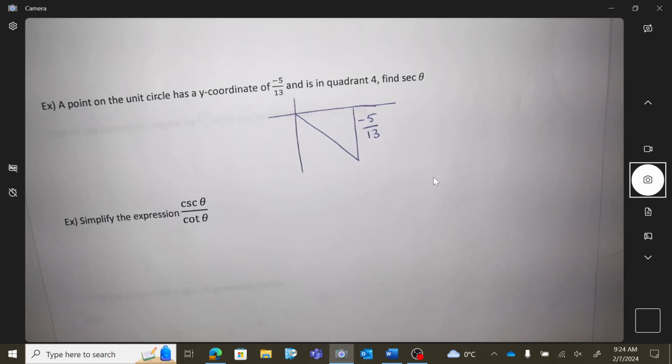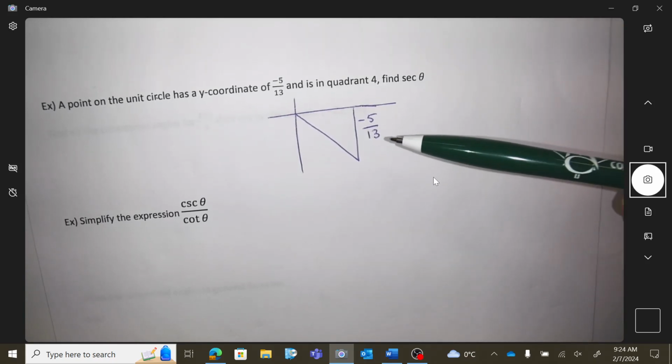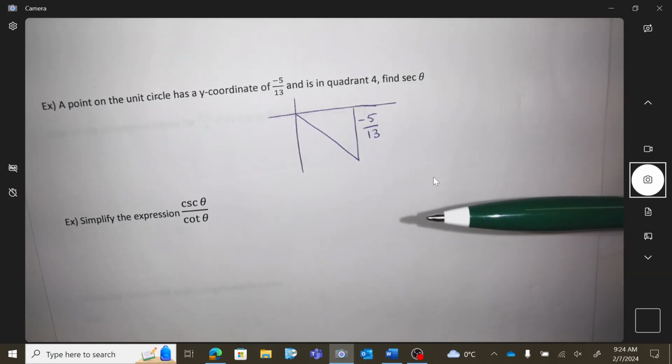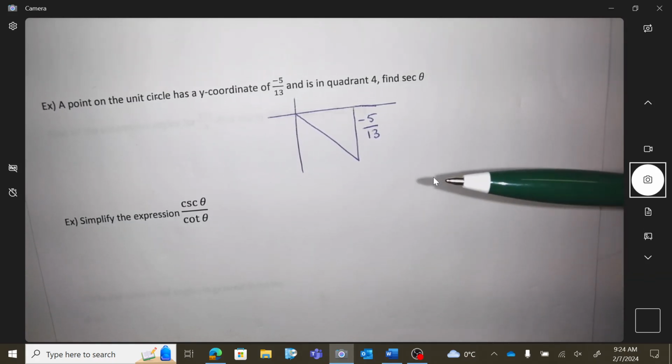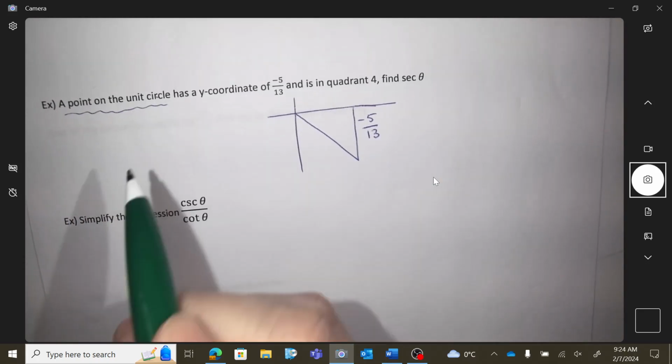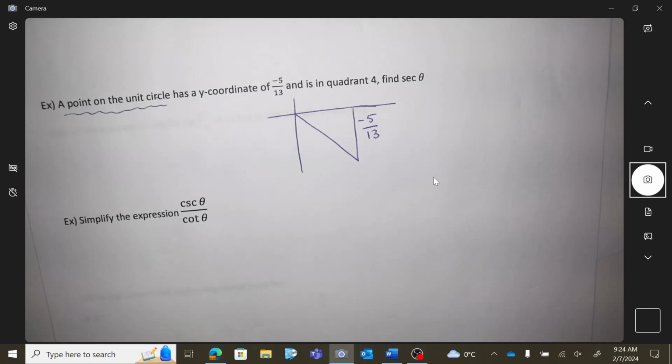So this doesn't make sense on a triangle. You can't really do anything with just one side. You always need 2 sides. Is there something in that sentence that gives me anything else? Says it's part of the unit circle. Says it's on the unit circle, so what do I specifically know? I know that is 1. So now I have my 2 sides.